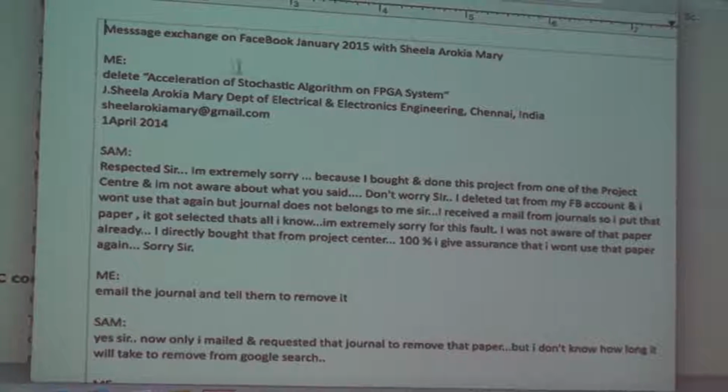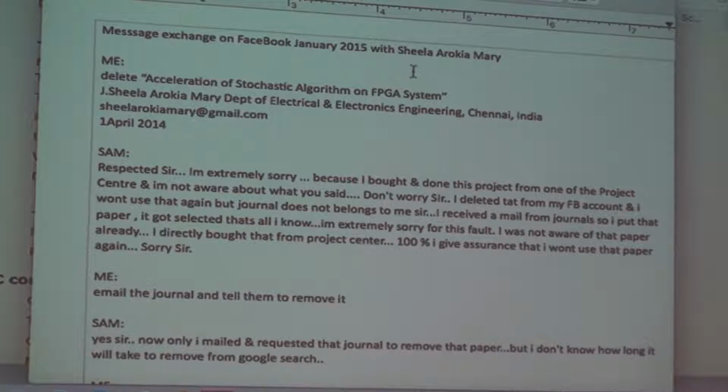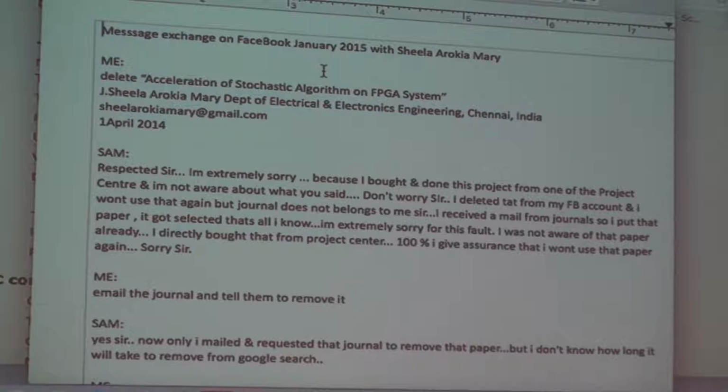And I found an exact copy of his MEng report published in a journal by Sheila Rokai-Mary. It was in a pay-to-play journal. That is to say, you send them anything and 1,500 rupees and it's published.